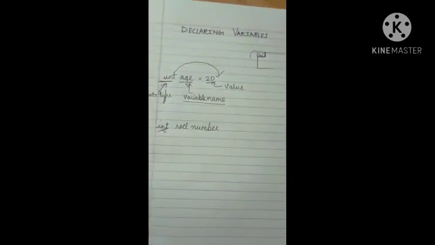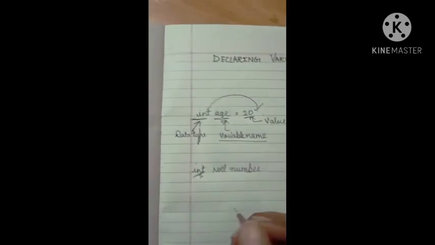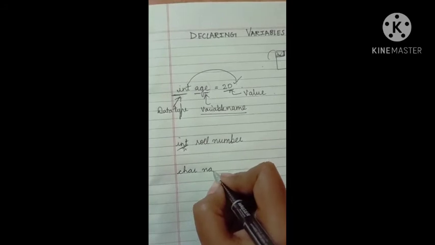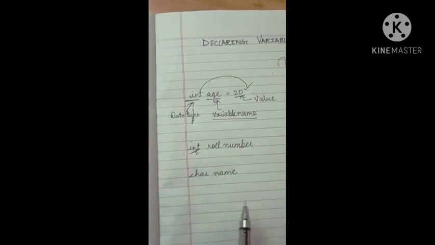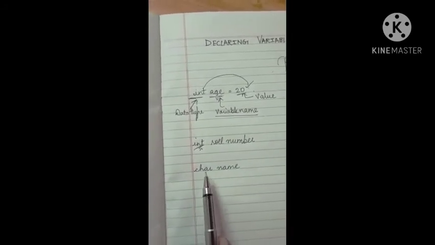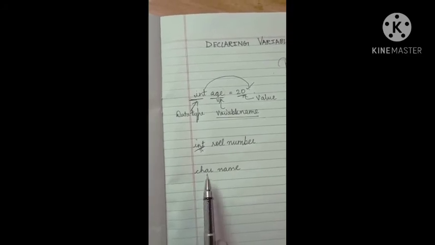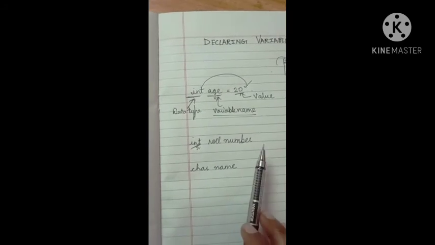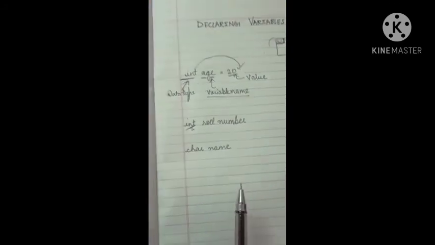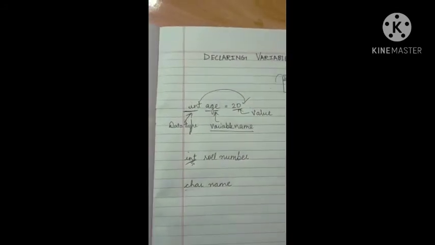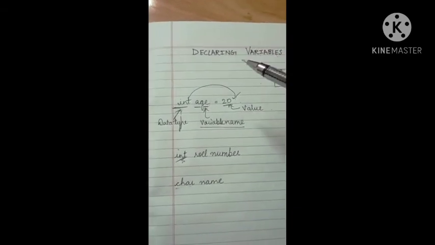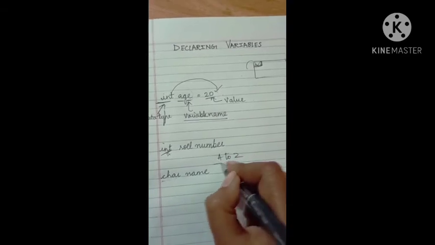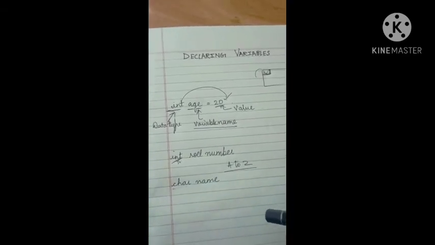Now if I give char name, it means that this is the character data type for storing the combination of letters and numbers as data. Char means character; it can store all the letters from A to Z and the numbers also.